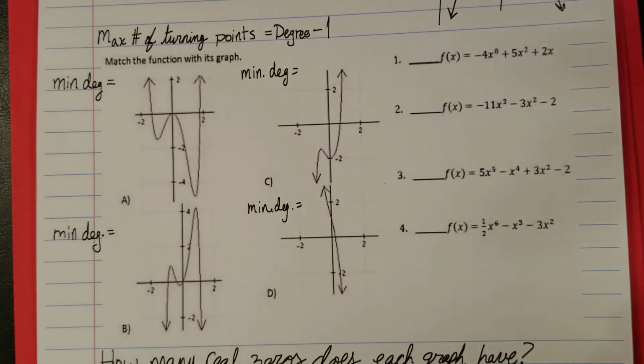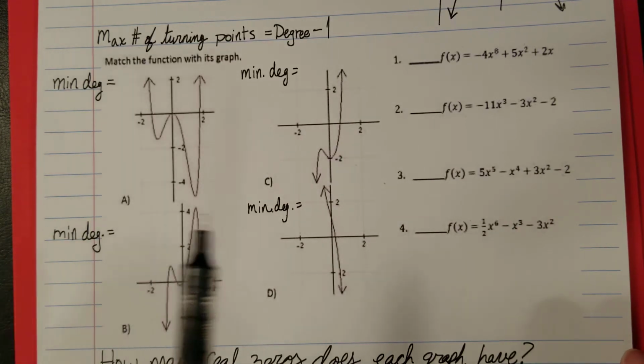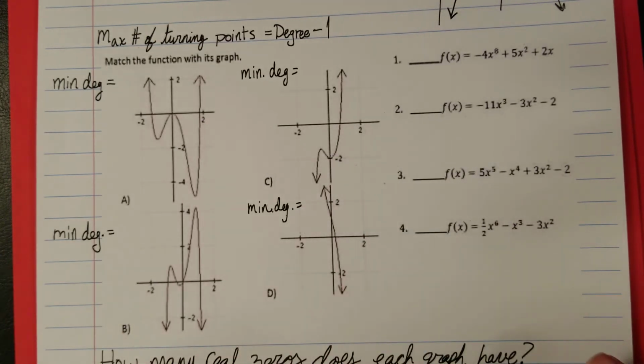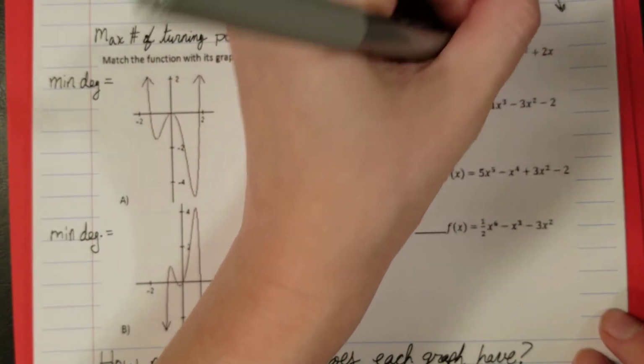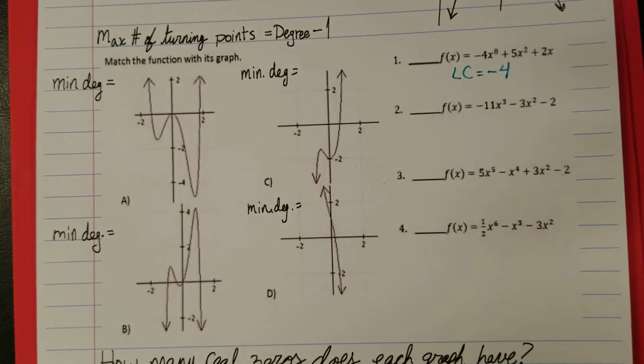Okay, so let's see. Hopefully you can read these okay. So for number 1, we have the leading coefficient is -4, and the degree is 8.